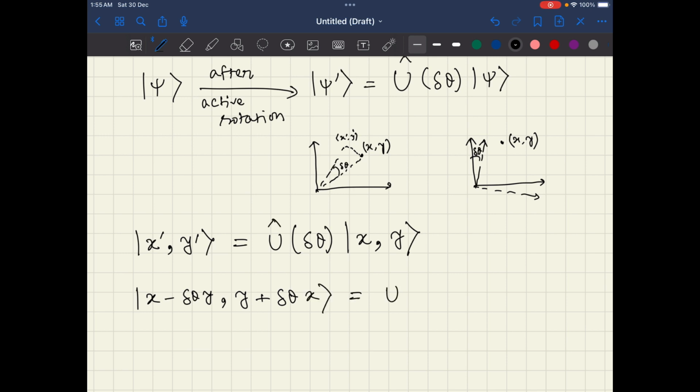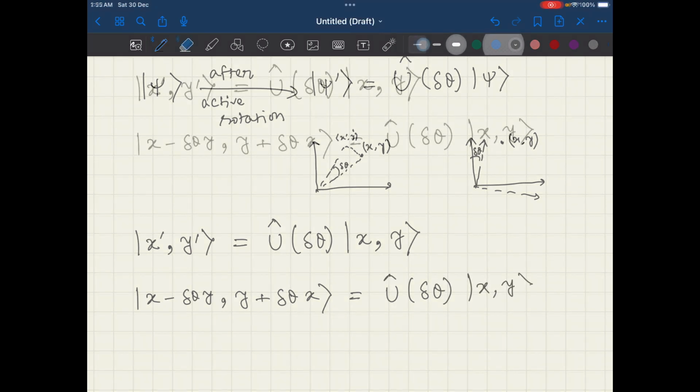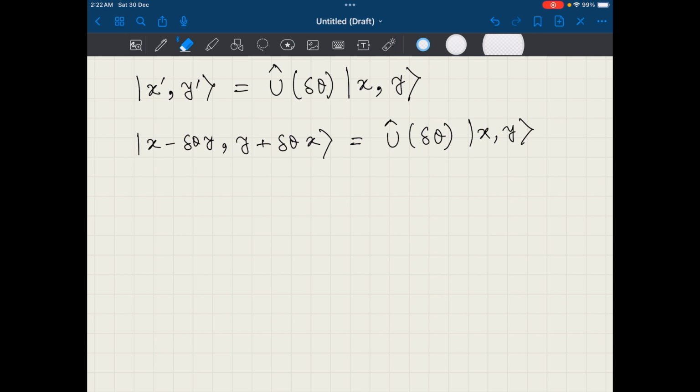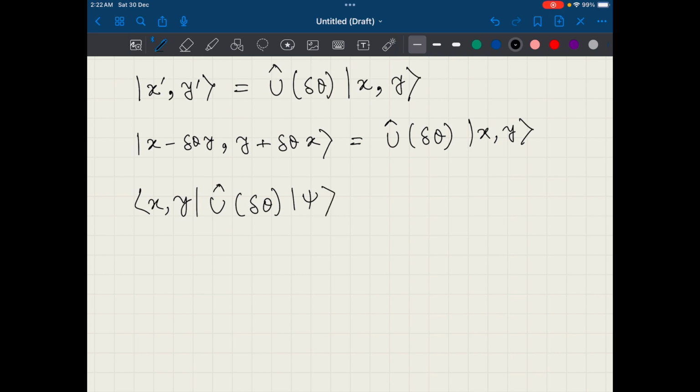So this is our starting point. We are interested in computing this quantity, x y, U delta theta, psi. This is x comma y, psi prime. This is psi prime of x comma y.